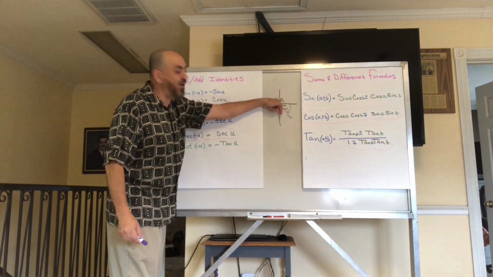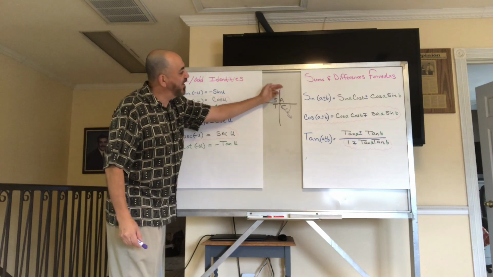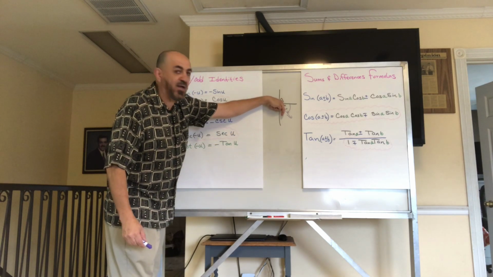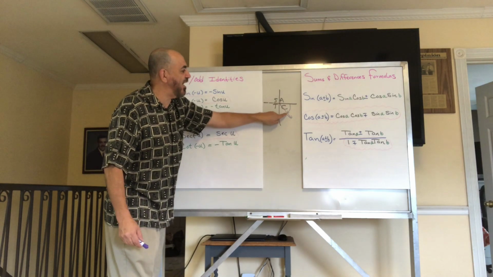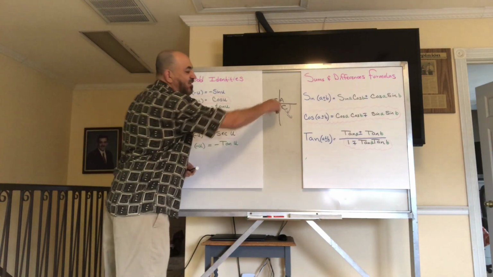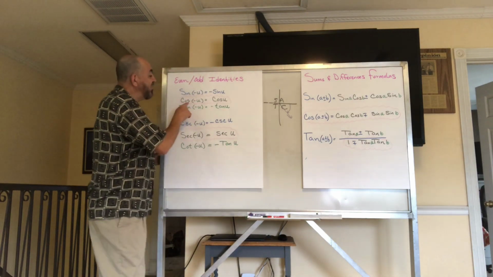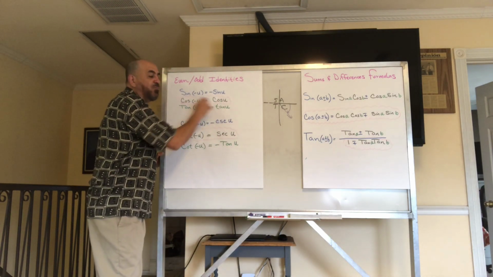So if we went that way, the sine was negative. If we went that way, the tangent was negative. But if we went this way, negative rotation, the cosine is positive. That's because the fourth quadrant is where cosine is positive. So if you go in the negative direction, cosine will be positive.